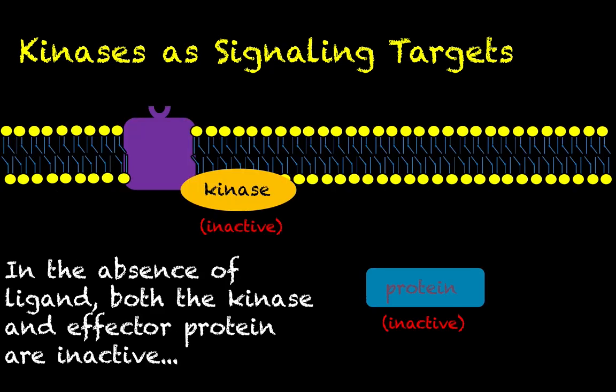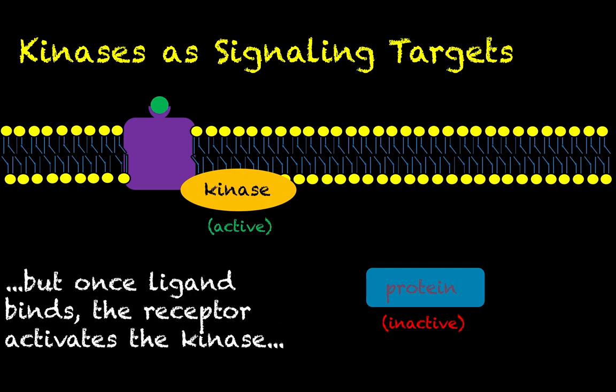So let's illustrate what I was just talking about. In the absence of a ligand, you will often have a kinase that is inactive in close proximity to the receptor. If there's no ligand bound to the receptor, then the kinase will be inactive, and any intracellular proteins that are targets of that kinase will also be inactive.